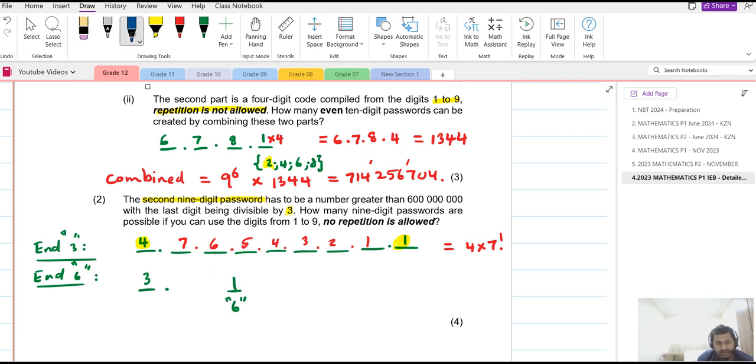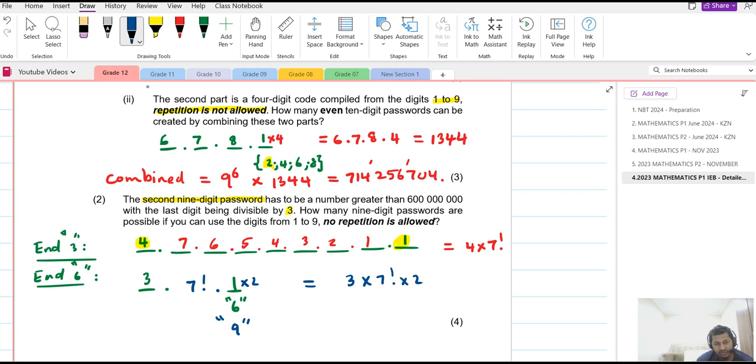Because the numbers that I can choose here are basically 7, 8, 9, and the same is the case if I choose the number 9, because I can only use 6, 7, 8. So this one should be times 2 here, right? So your answer is 3 times 7 factorial times 2.